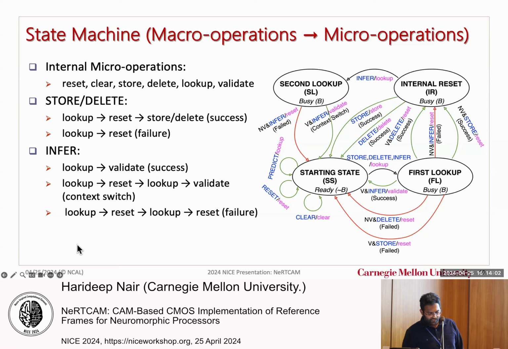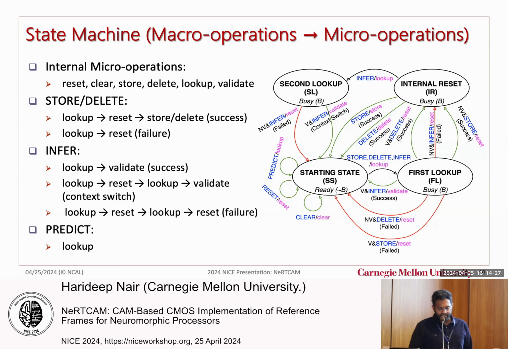You perform a second lookup because we want to account for the scenario where the agent has been looking at a bunch of observations for a particular object and has suddenly switched to looking at a different object. So that's what we call a context switch. At that point, it performs a second lookup, and then if it's a success, it performs a validate and moves on. If not, then that ends up as a failure.